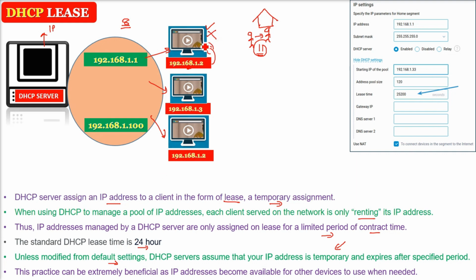For example, if this system is not in the network, what will happen to the IP address if you have permanently assigned it without a lease? If a new system comes, this IP address can be reassigned to the new computer which has just joined. So giving the IP and reclaiming it is very important.